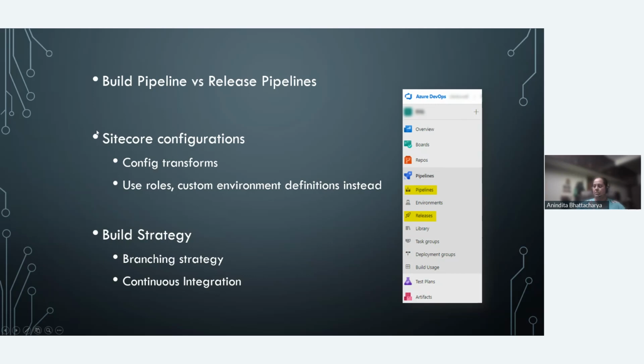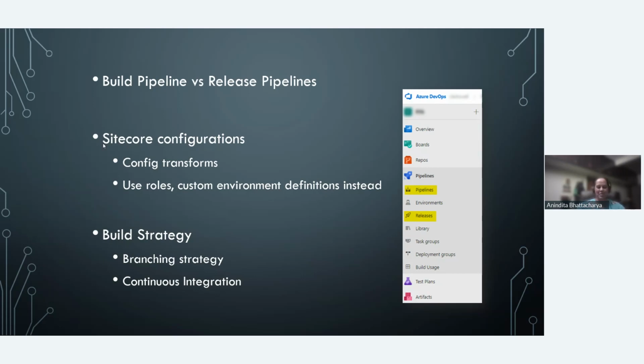One consideration to have before you dive into creating these pipelines is how your Sitecore configurations are managed. In every Sitecore solution, you will have your environment-based settings and configurations. There are different ways in which you can achieve that in Sitecore. The old school way of doing it would be using config transforms.